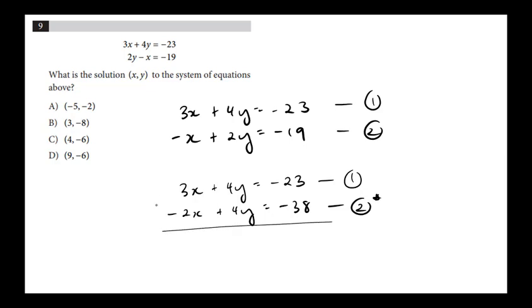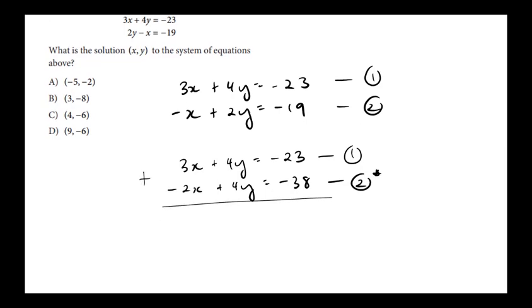Now I can choose to add or subtract the equations. If I add, it's not going to work, so I need to subtract. So 3 minus minus 2x is 5x, 4y minus 4y is 0, and minus 23 minus minus 38 goes to plus. So that's going to be positive 15, so x is going to equal 3. So the only one that works is B, so you don't even need to check the other ones.